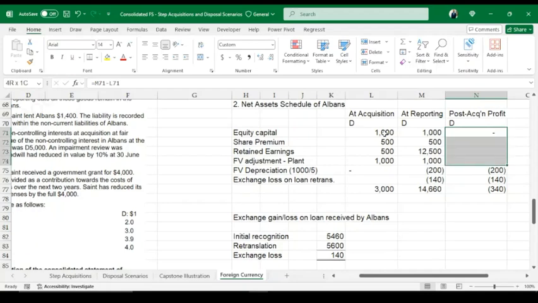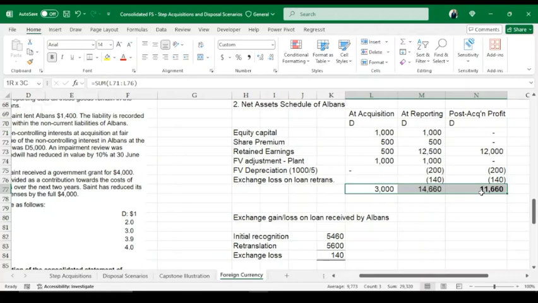And so I can copy this across using Control D right there. So our post acquisition profit is actually 11,660, which I'll bold in right there and also insert my border there.